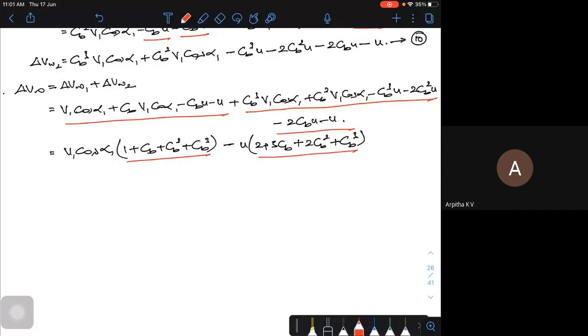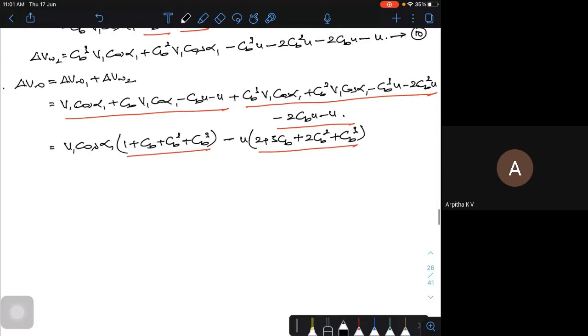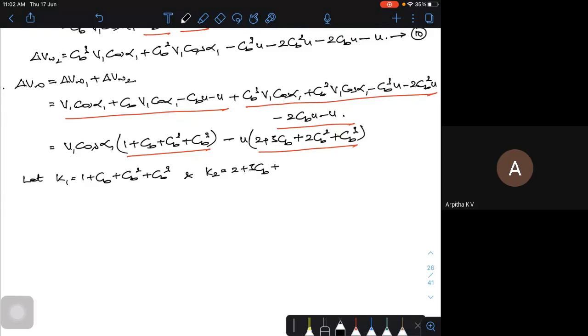So what I'm going to do is define some constants. Let K1 be equal to 1 plus Cb plus Cb square plus Cb cube. And K2 is equal to 2 plus 3Cb plus 2Cb square plus Cb cube.